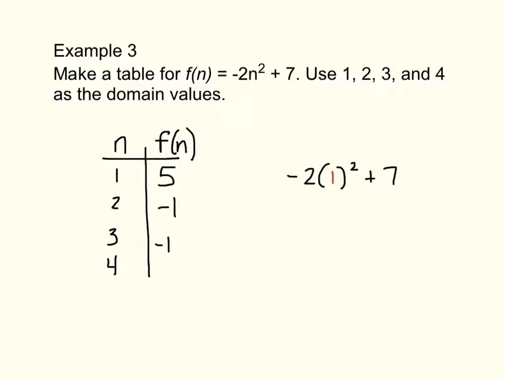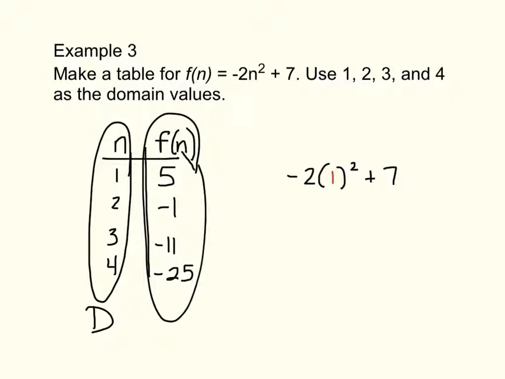If you did this even further, we would get negative 11 and negative 25. This is a table of values, otherwise known as a t-table. These represent your domain. These represent your output, which is your range. Now, you can use a function rule and a given domain to find the range of the function. After computing the range values, write the values in order from least to greatest.